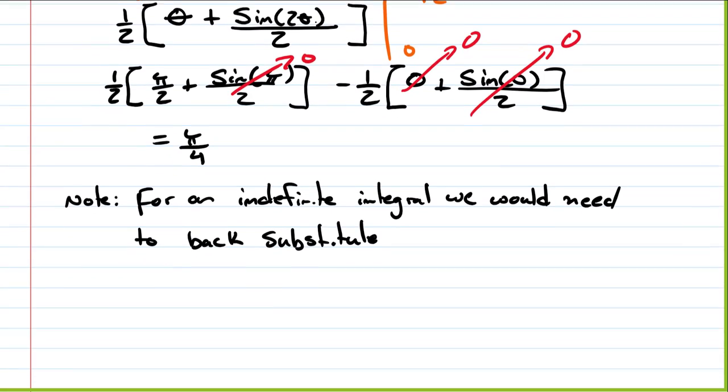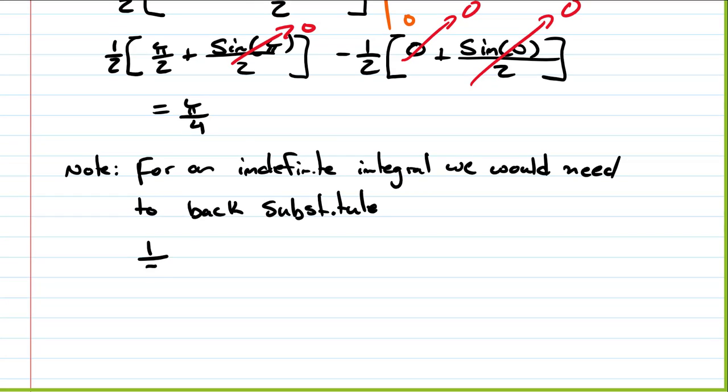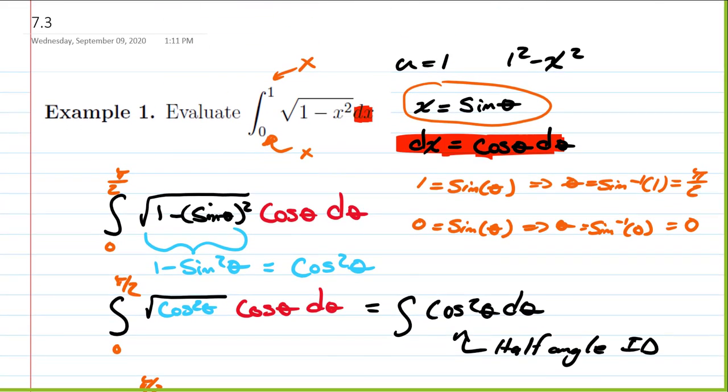So our antiderivative was 1/2 times theta plus the sine of 2 theta over 2, right? But if we were trying to find the antiderivative, we need to get back to x's from theta. So there's a couple of things we're going to need to do to help us out. So we had our original substitution was what? x was equal to sine theta, right?